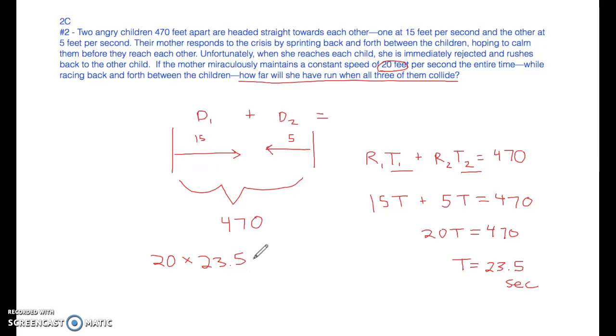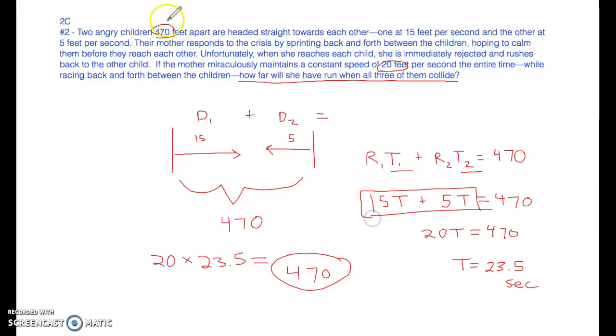Remember, distance equals rate times time, and you'll end up with 470, which happens to be the same, but that's a coincidence, just because these over here totaled to be 20. It won't always just be whatever this number is.